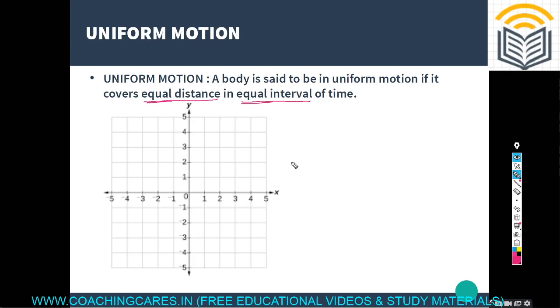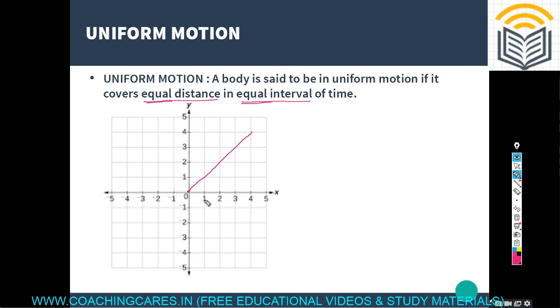You can understand this by one example. Suppose I plot one graph showing the motion of an object or body starting from 0, and this graph goes like that.